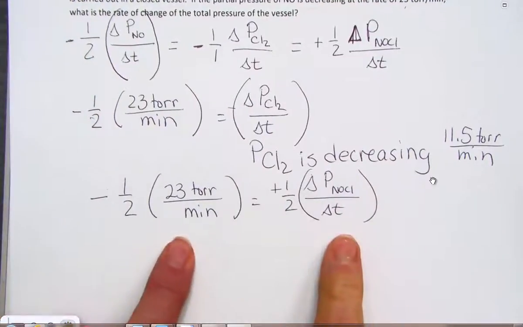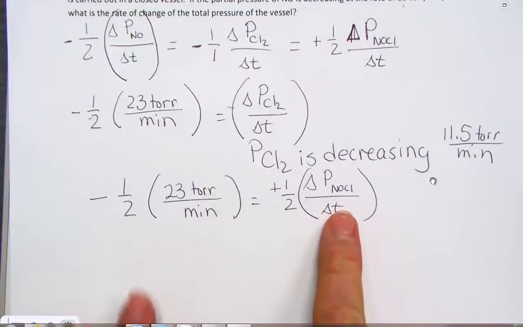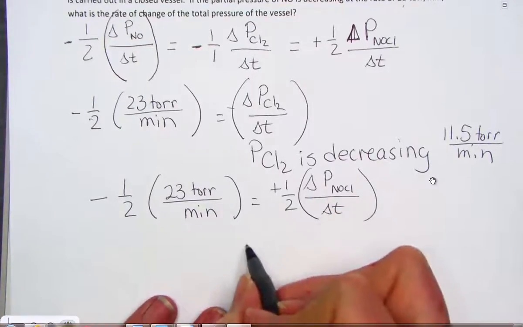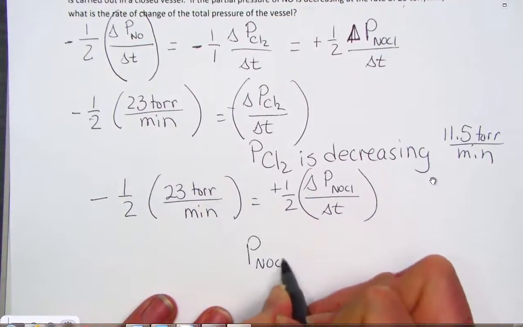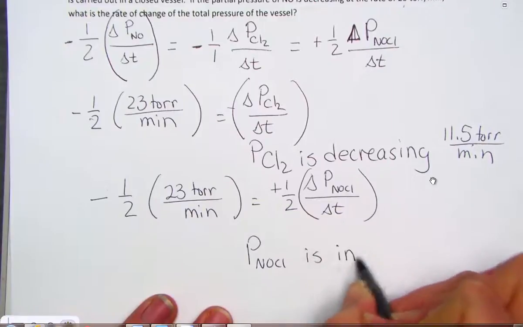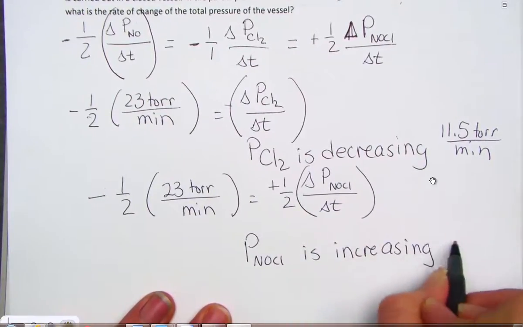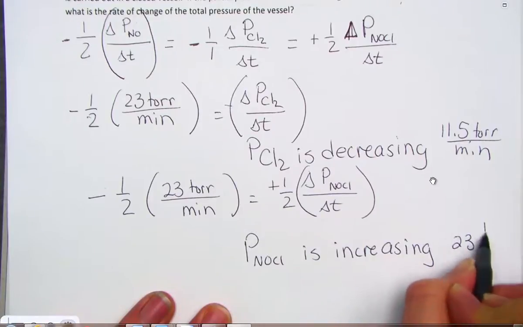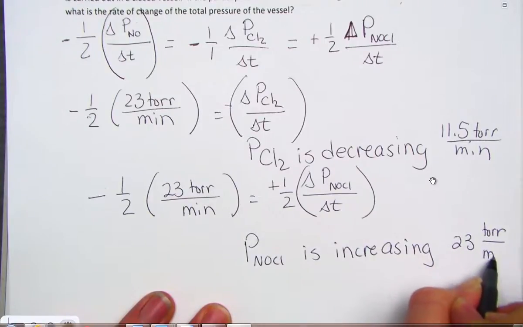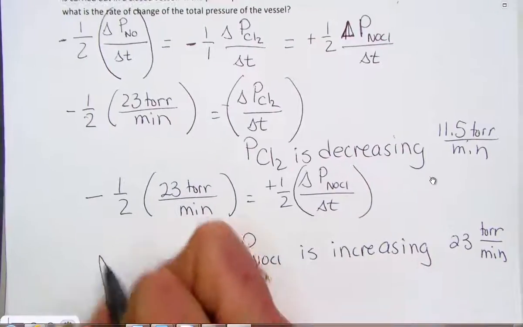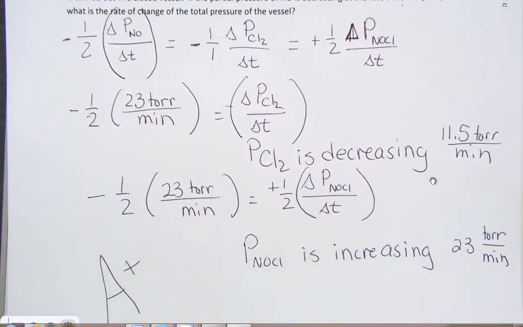What makes these two equivalent is the same number right here, 23. So the partial pressure of NOCl is increasing because it indeed is a product at a rate of 23 torr per minute. And that is an A+ on your homework assignment. Good work.